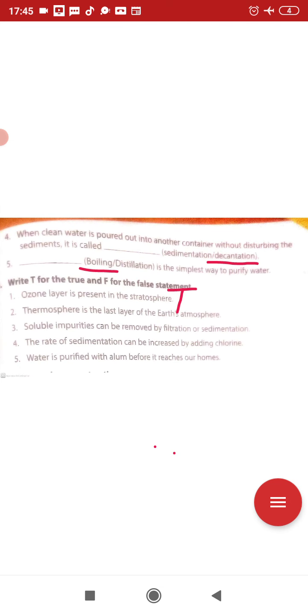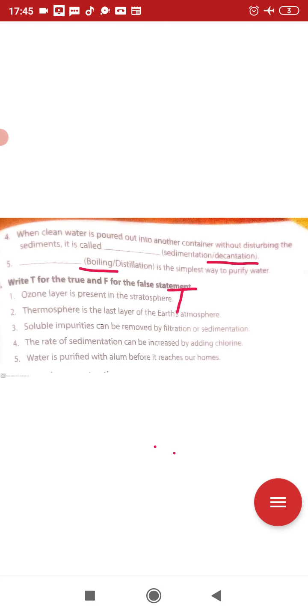Next, question number 2. Thermosphere is the last layer of the Earth's atmosphere. The whole atmosphere, the thick layer of air that surrounds the Earth, is called atmosphere, and it is divided into 5 layers. The outer layer is called exosphere, not thermosphere.